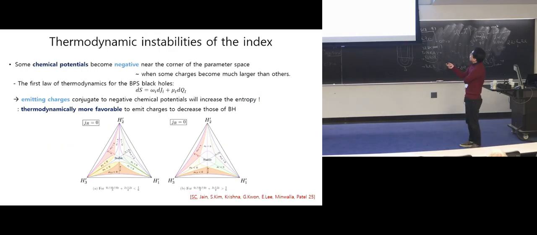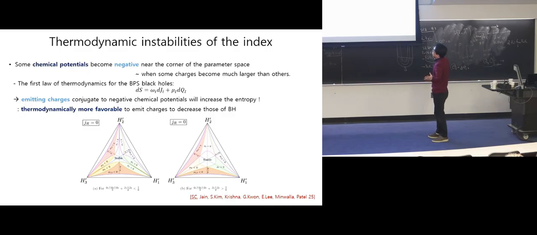So firstly, we search the parameter space of known BPS black holes, like Gutowski-Reall or CCLP type solutions, and you will find an interesting region, meaning that some chemical potentials become negative near the corner of parameter space, when some charges become much larger than others.